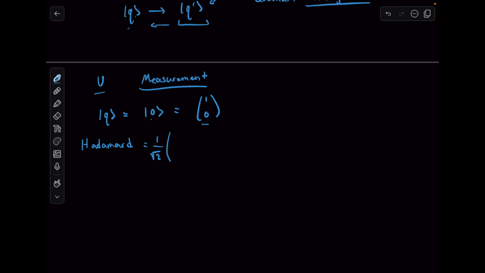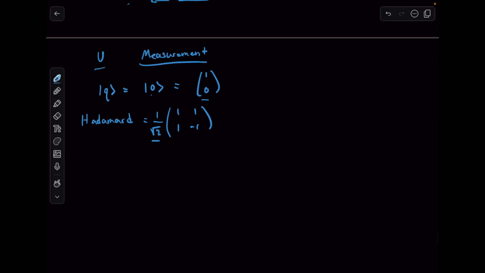It has this normalization factor here, and then it's 1, 1, 1, -1. So let's see how this puts our qubit into a superposition. And I'm just going to call this H now. So if we apply H to our qubit, we have the following.